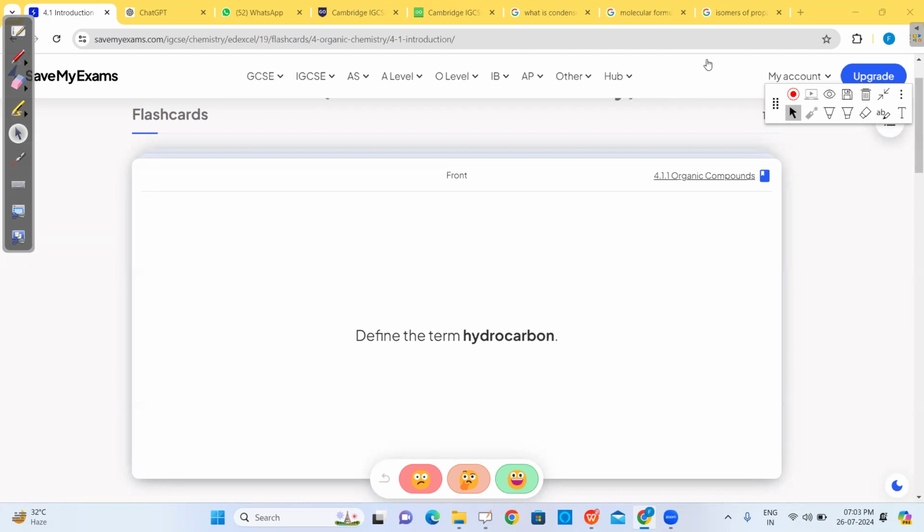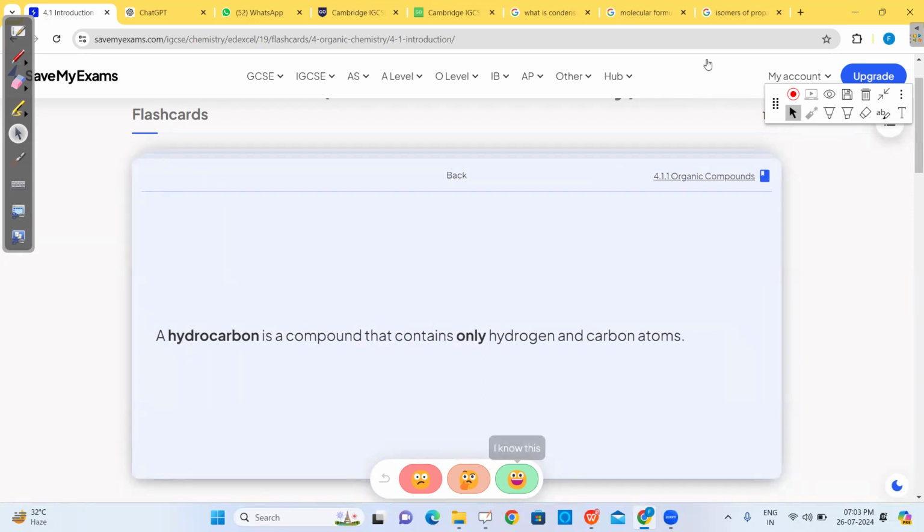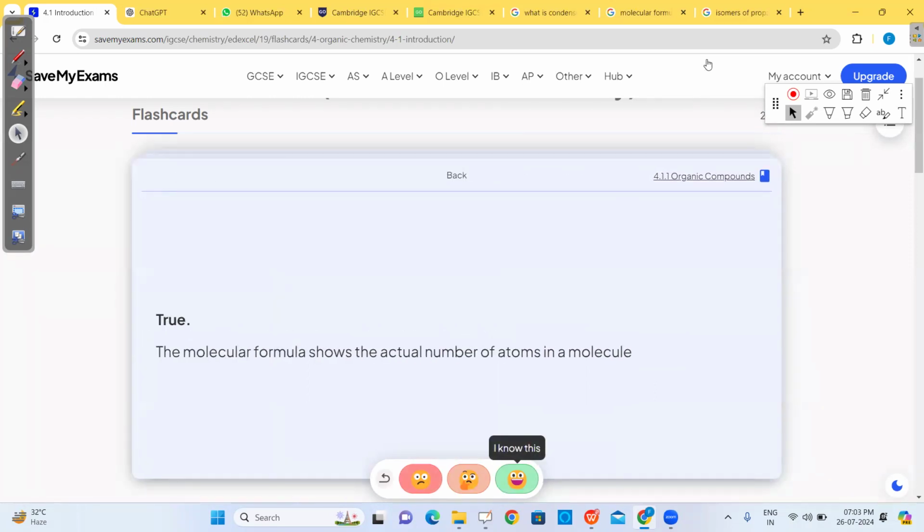Define the term hydrocarbon. Hopefully you have written your answer as: a hydrocarbon is a compound that contains only hydrogen and carbon atoms. Great. Next question: the molecular formula shows the actual number of atoms in a molecule. Is this true?